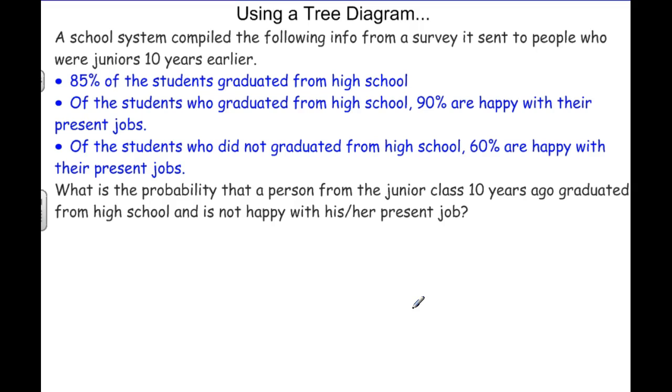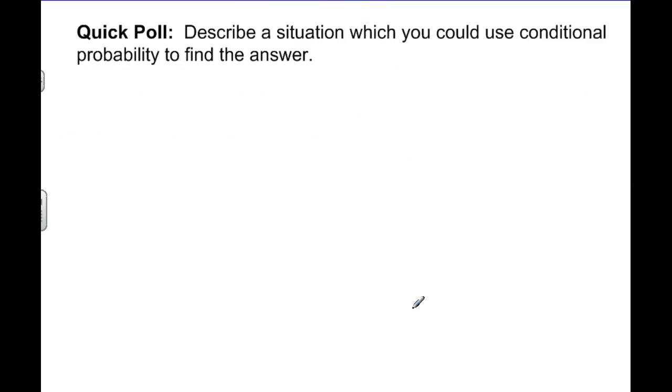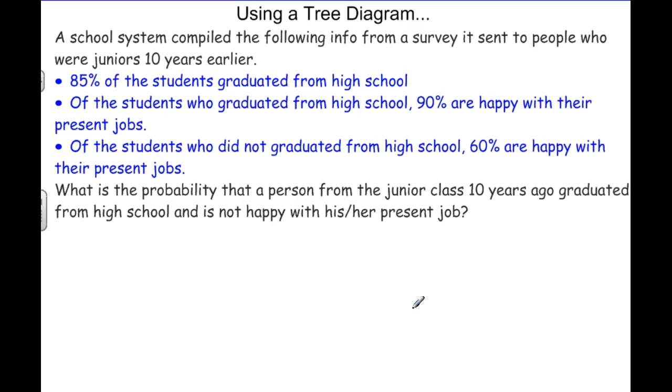Finally, we get to tree diagrams, and these are definitely a little bit different here. This is our last problem, I believe. So we're going to draw a tree diagram. But the main thing I want you to know before we start: if you do a tree diagram, let's say you have 2 branches. If this one's 70% or 0.7, then this one would have to be 0.3. In other words, these 2 have to add up to 1.